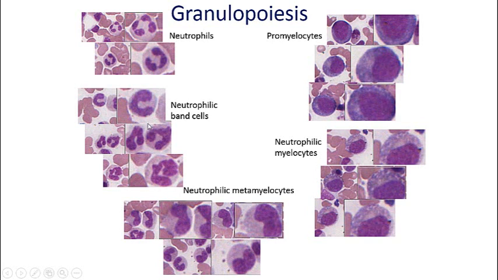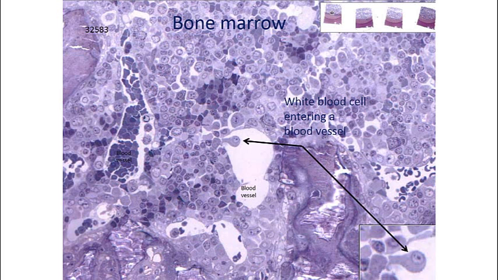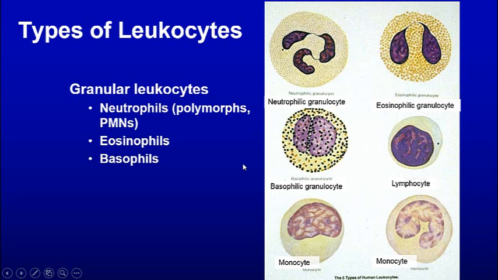Cytoplasm mature with granules, mixed with granules and rough endoplasmic reticulum, and then with ribosomes, and then more and more basophilic cytoplasm as you get more ribosomes in a more immature state. And here's another blood vessel in bone marrow, and we can see where one of those granulocytes is squeezing through from the outside going into the blood vessel.